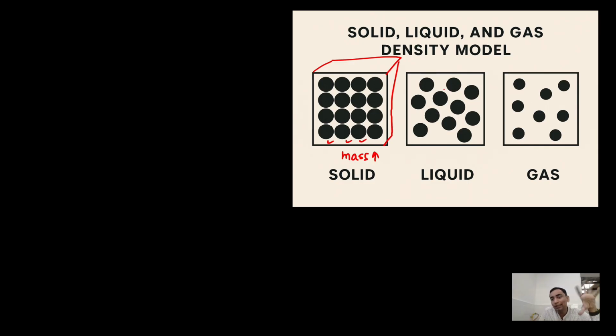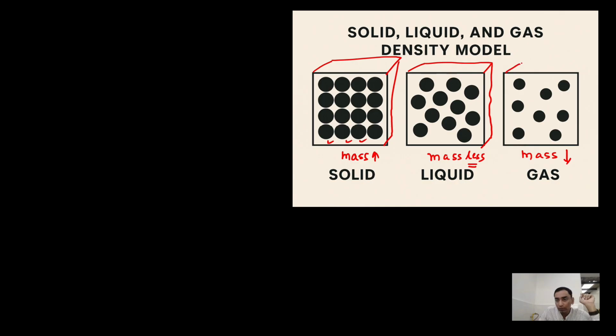Here in liquids, you can see that there are fewer particles. The interatomic spacing is comparatively larger than that of the solid. So here the mass will be slightly less compared to that of the solids, right? And in gas, the interatomic spacing is so high that there are very few particles inside that given volume, which makes the mass in a given volume very small.